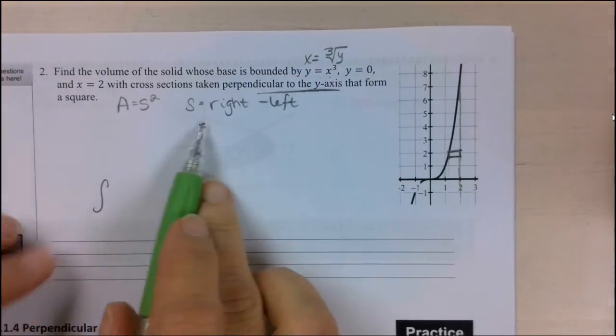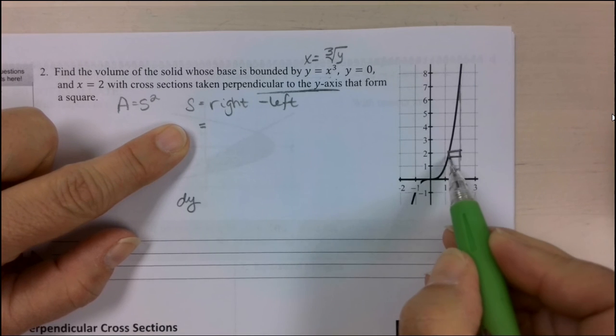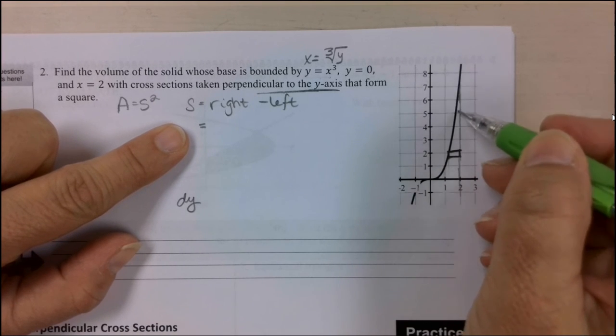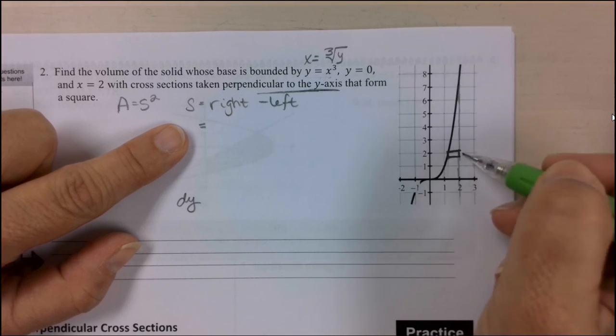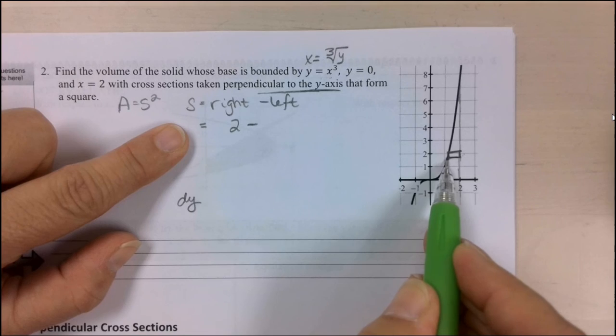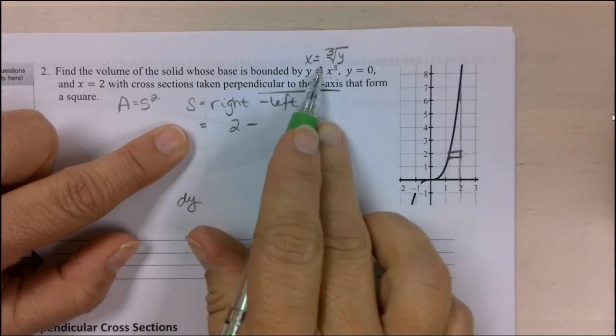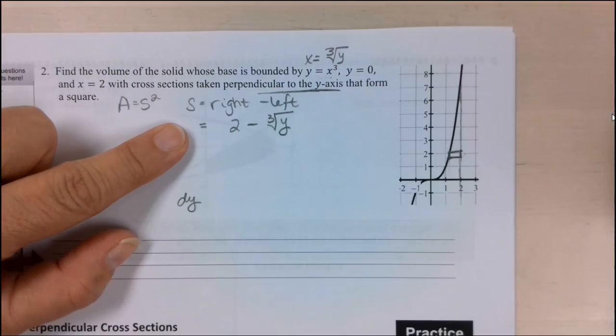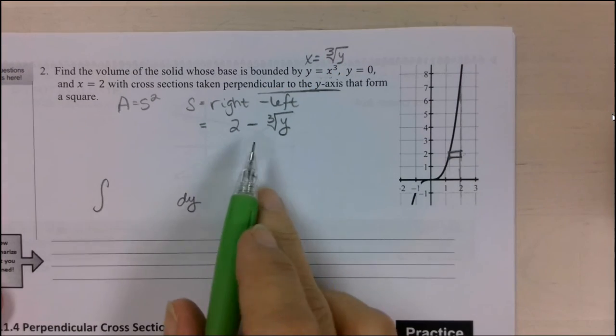So let's figure out what right minus left is here. If I look at my rectangle, on the right is this vertical line, x equals 2, minus the left. The left is that cubic function, which we solved for x, and we got the cube root of y.